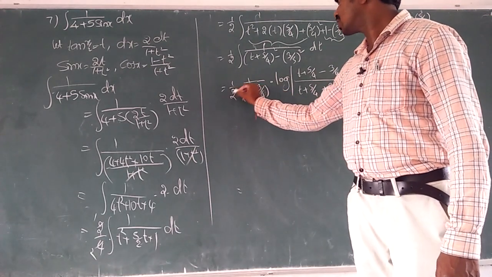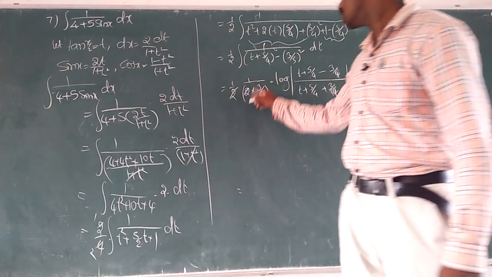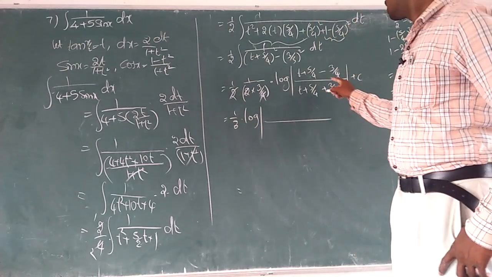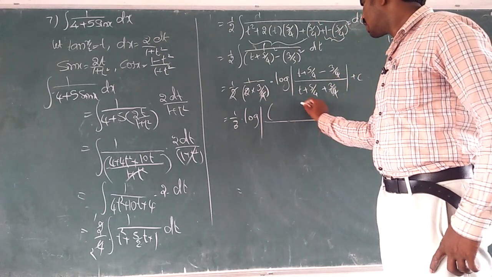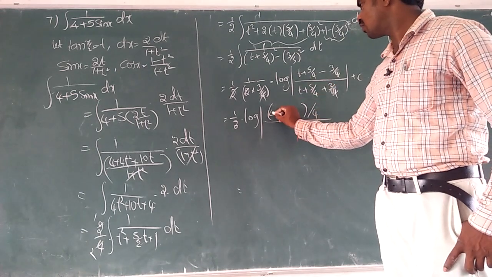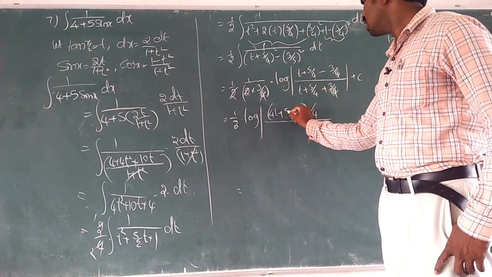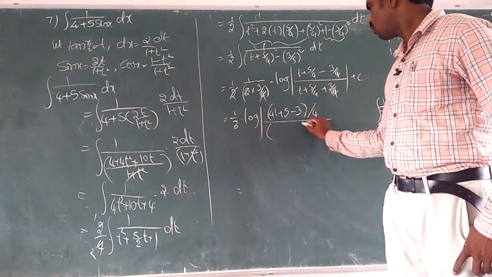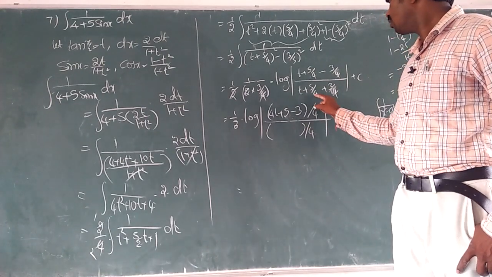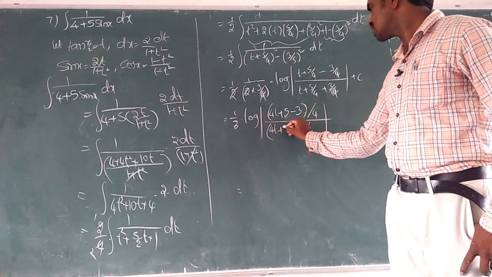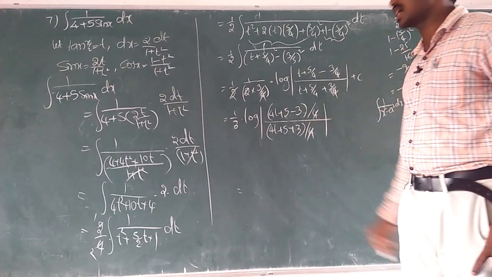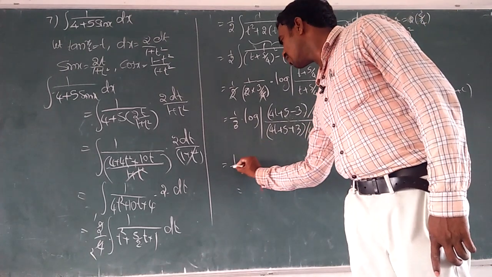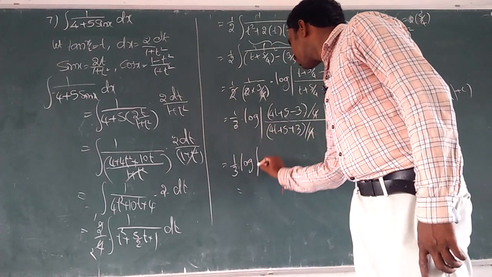The 2 and 4 cancel, just 1 by 3 remains into log of, see here 4 is the denominator, 4t plus 5 minus 3 over 4, and here also 4 is the denominator, 4t plus 5 plus 3 over 4. The 4 gets cancelled, plus c.